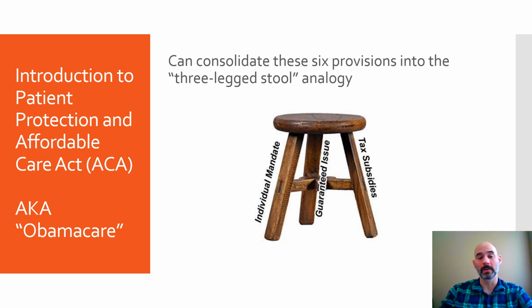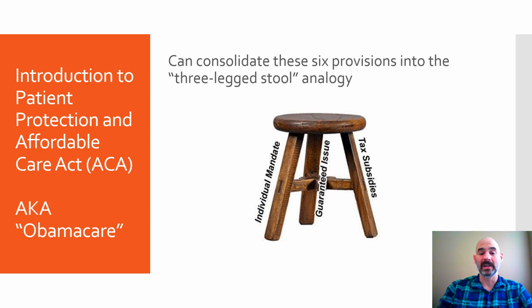This was a really common metaphor in the years after 2010 when there was a lot of political uproar regarding the individual mandate, saying that it violates personal freedom, that you can't require people to buy health insurance, the same way you can't require people to eat their broccoli, using that example from the Better Health Economics book. But the argument in support of the individual mandate said, look, all these policies that are part of the Affordable Care Act form a 3-legged stool. And the point of a 3-legged stool is that if you take out one of these legs, the stool tips over.